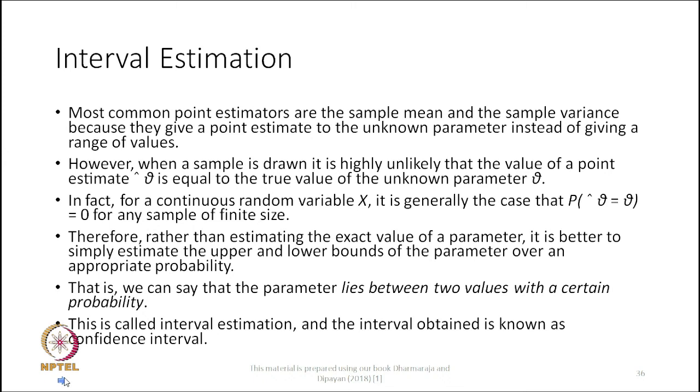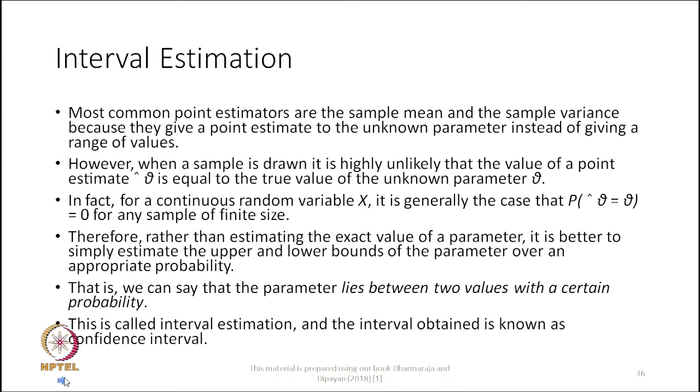Therefore, the whole process is called interval estimation, and whenever you discuss interval estimation, you have to give appropriate probability, or we call it a confidence limit, in which you say the interval in which the unknown parameter value will lie.